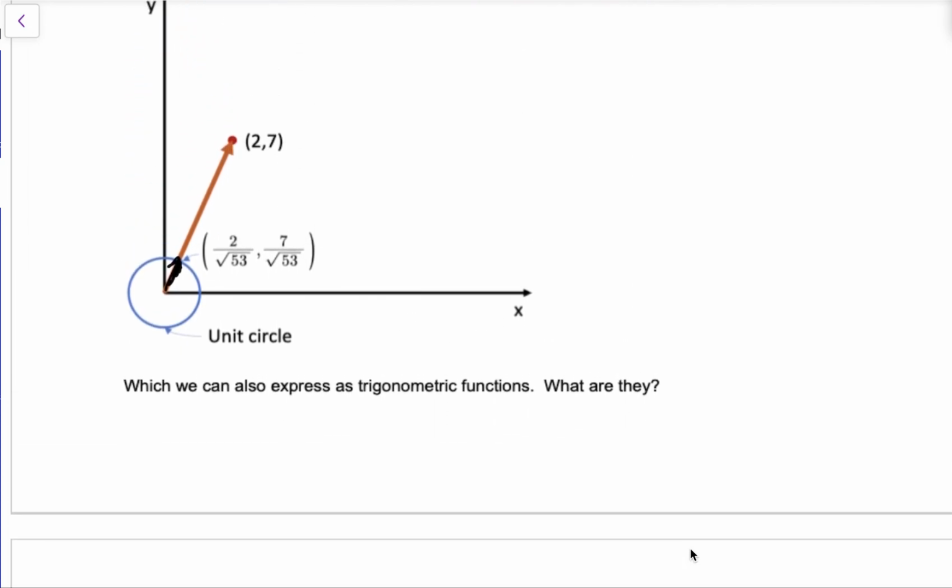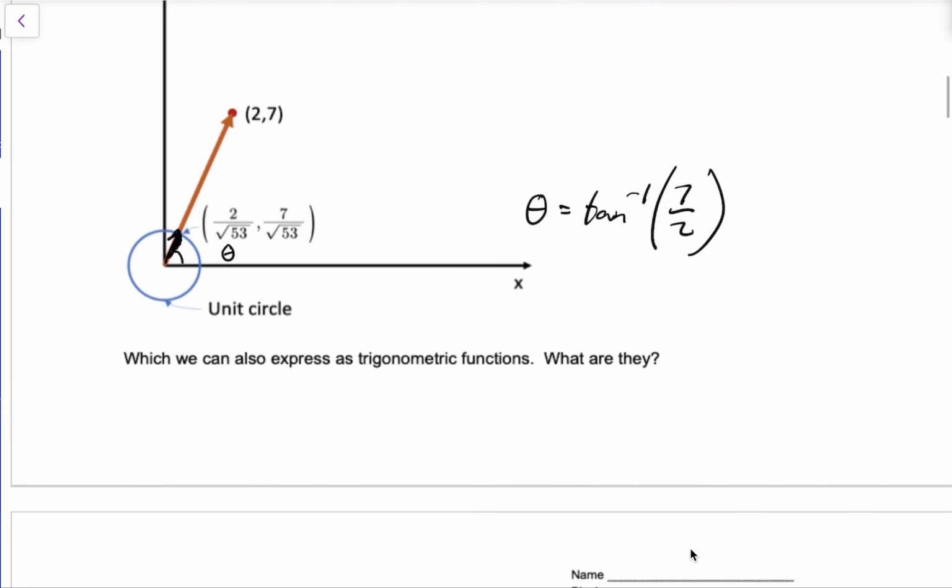Well, so we'll take this angle here. This angle is theta, and theta is going to equal the arctan of 7 over 2. And the x component of the unit vector is going to be cosine theta, and the y component is going to be sine theta.